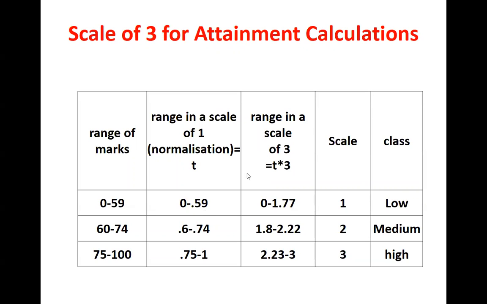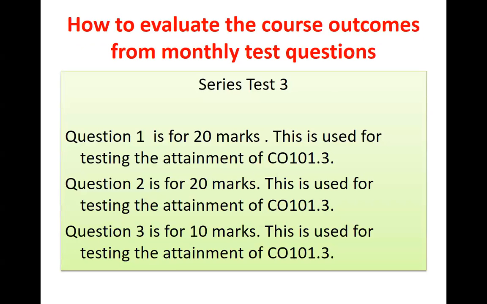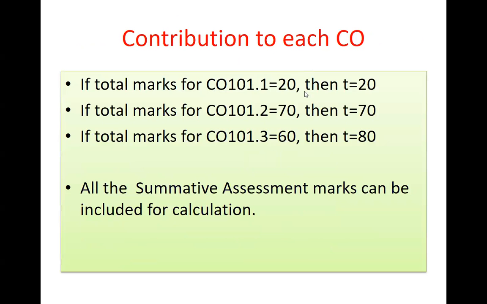That is normalized. After normalization, I multiply this value with 3 to convert it to a scale of 3. So if the total marks for course outcome 1 is 20, then my T is 20. The total marks for course outcome 2 is 70, my T is 70. The total marks for course outcome 3 is 60, then my T is, sorry, this is 60. There's a mistake here.